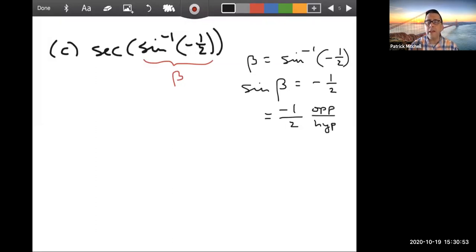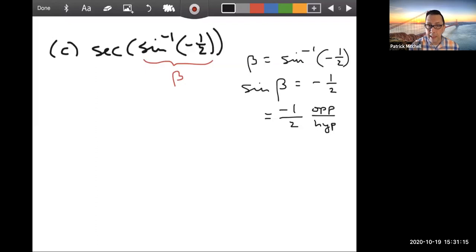You always want the hypotenuse at least to be positive, and you can control that. If your value happens to be negative, just attach the negative sign to either the opposite or the adjacent, whichever part is in there.